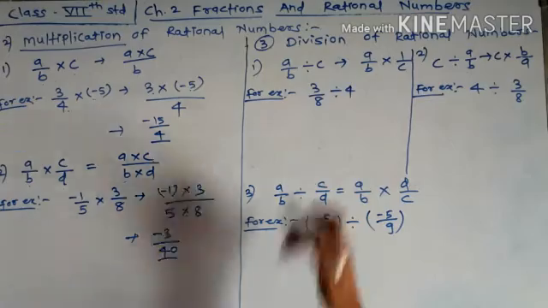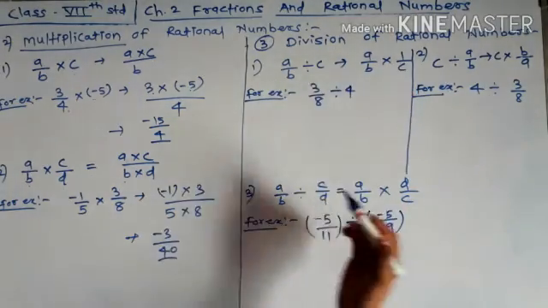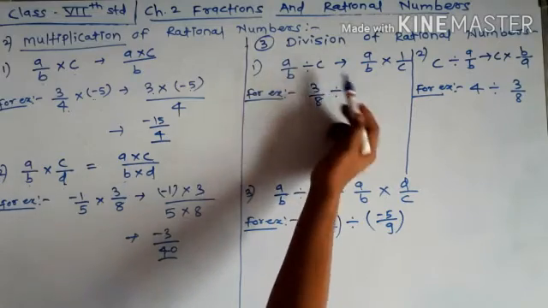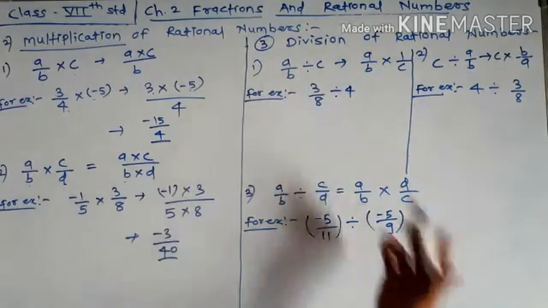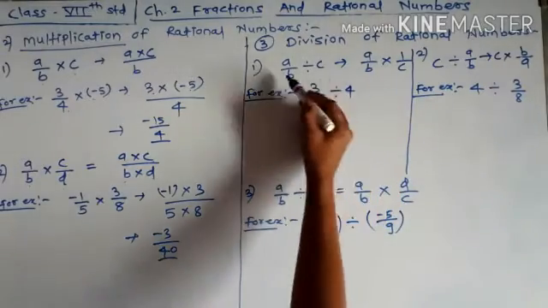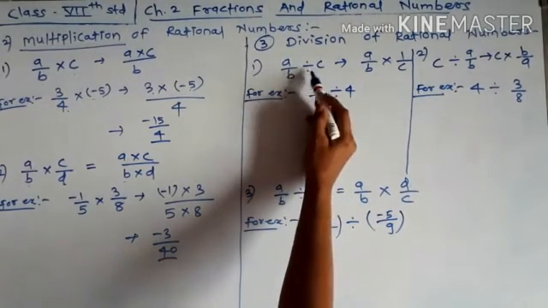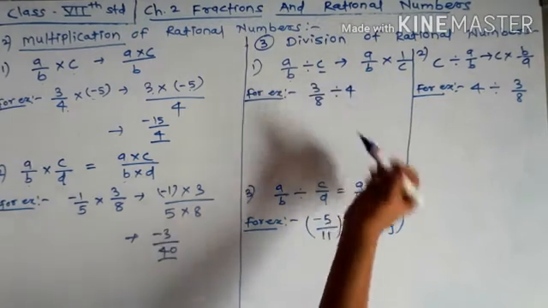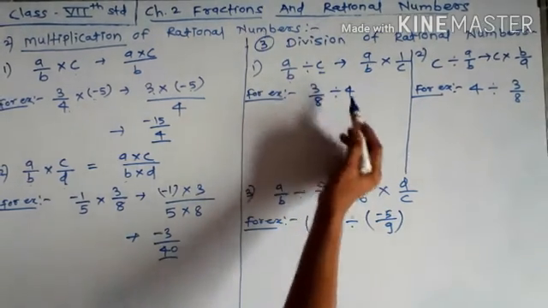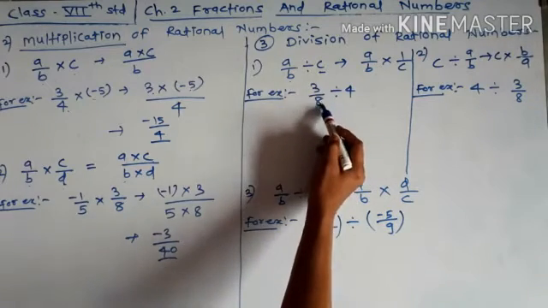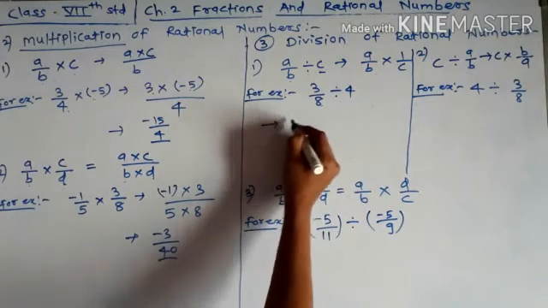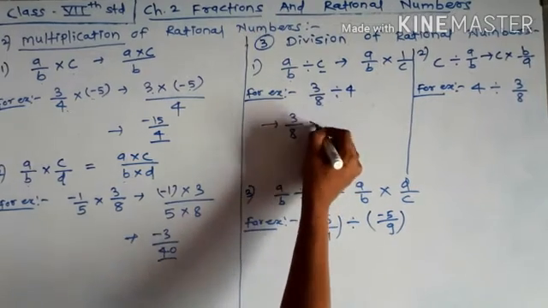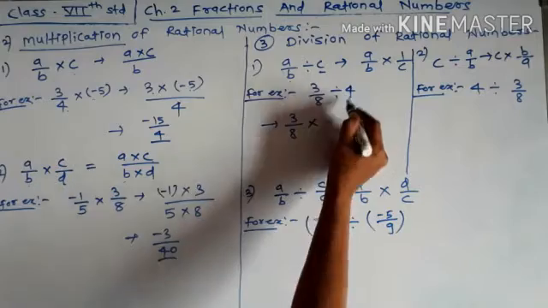The next operation is division of rational numbers. When we divide a rational number by a whole number, natural number or an integer, we multiply the first rational number with the reciprocal of the integer. That means, for example, here we have to divide 3 by 8 with 4. So we take the first rational number as it is and then multiply by the reciprocal of 4.